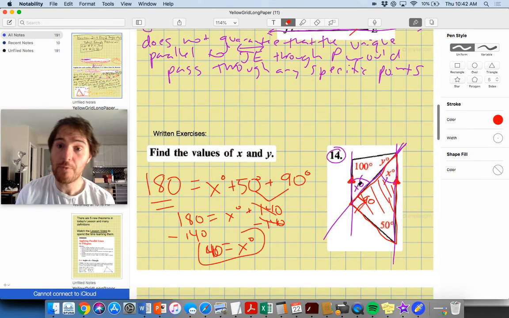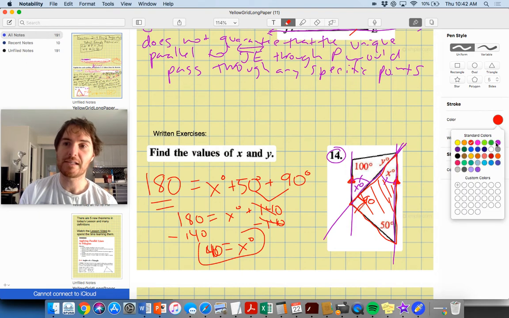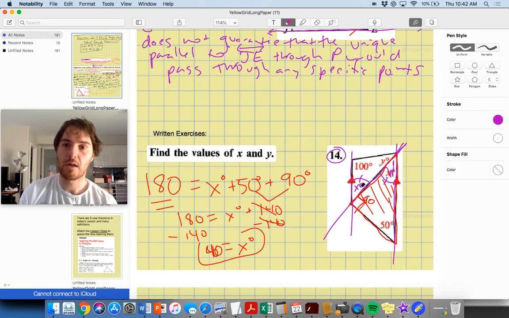Now that we have this, I did this earlier, but I didn't explain it. The thing I did in purple, right here and right here, these are alternate interior angles cut by parallel lines and a transversal.